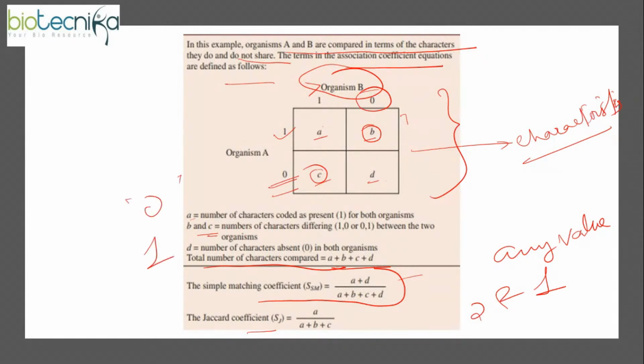I would like to say again, please note down the formula: simple matching coefficient is A plus D divided by A plus B plus C plus D, and Jaccard coefficient here should be A divided by A plus B plus C.